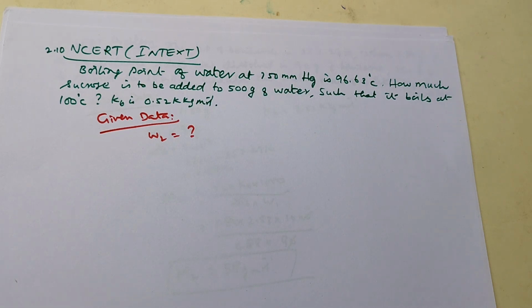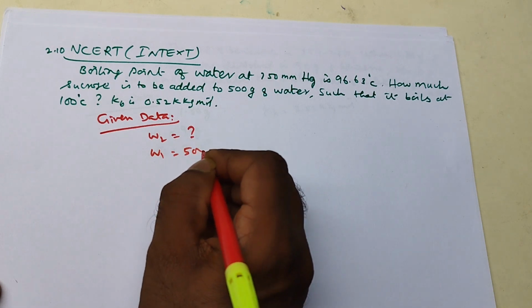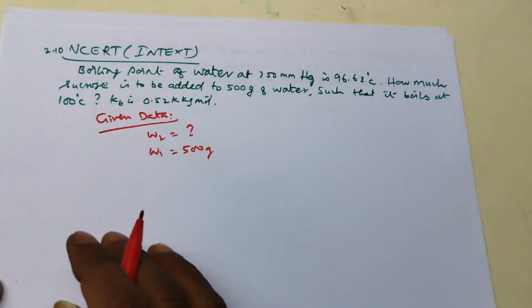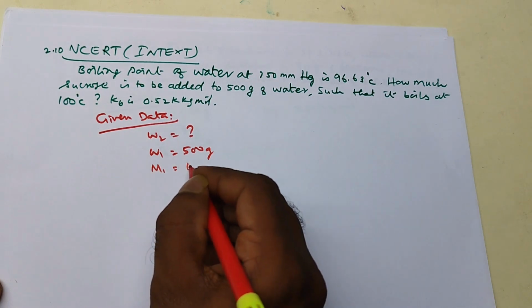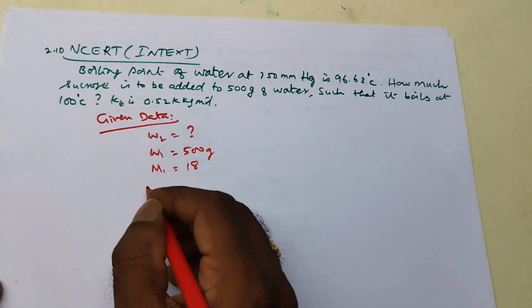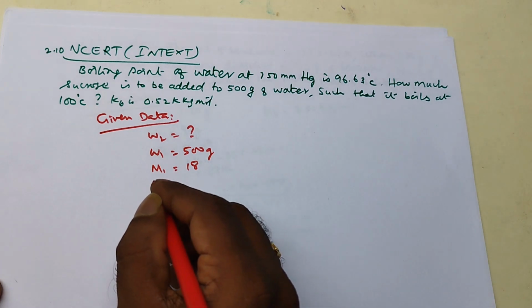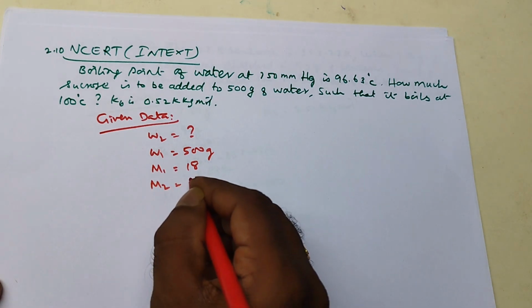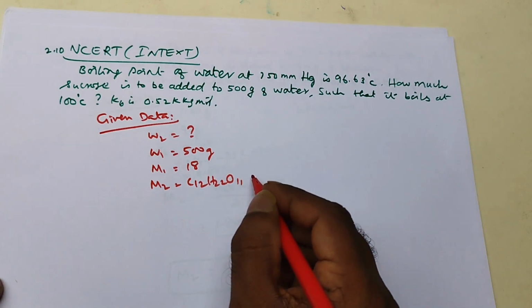Yes, W2 is a question mark, whereas W1 is 500 grams. Then the molar mass of solvent, that is 18. The molar mass of solute is to be found; sucrose is given, with formula C12H22O11.